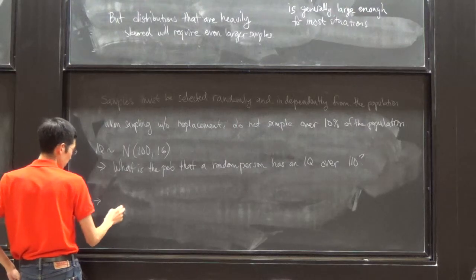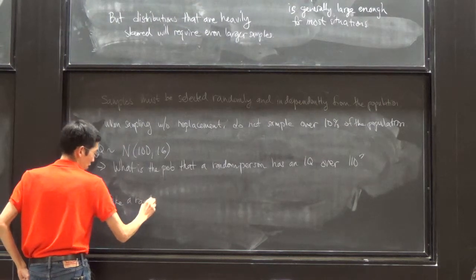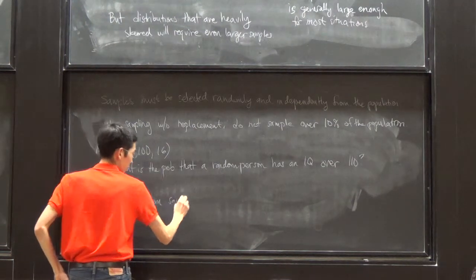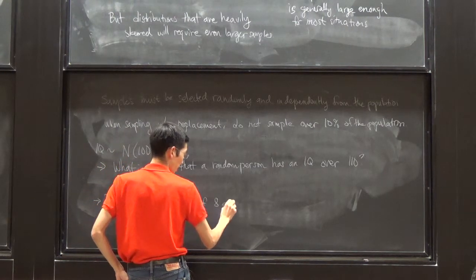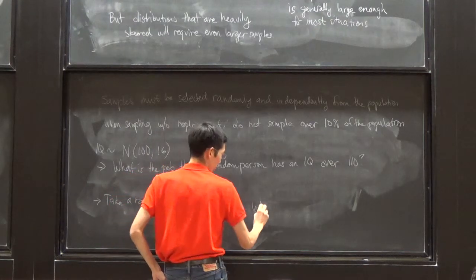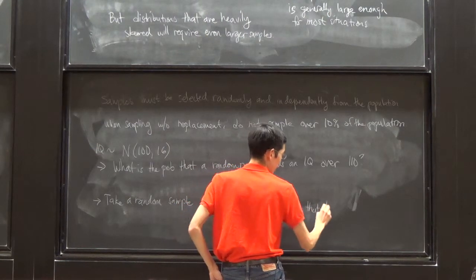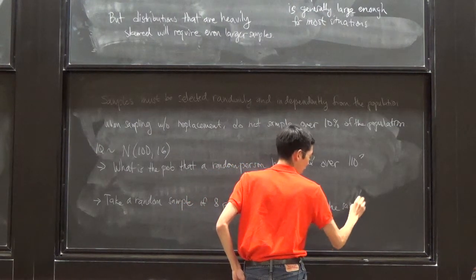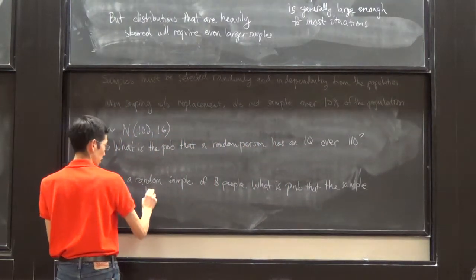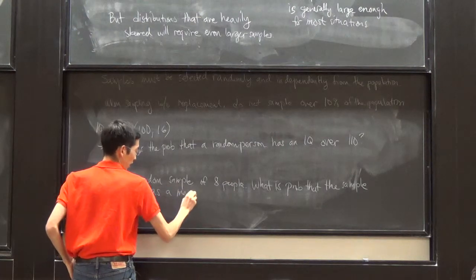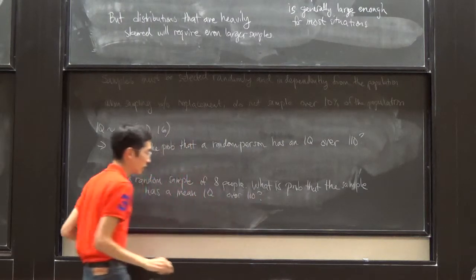And then 2, we're going to say, take a sample of 8 people. What is the probability that the sample has a mean IQ over 110?